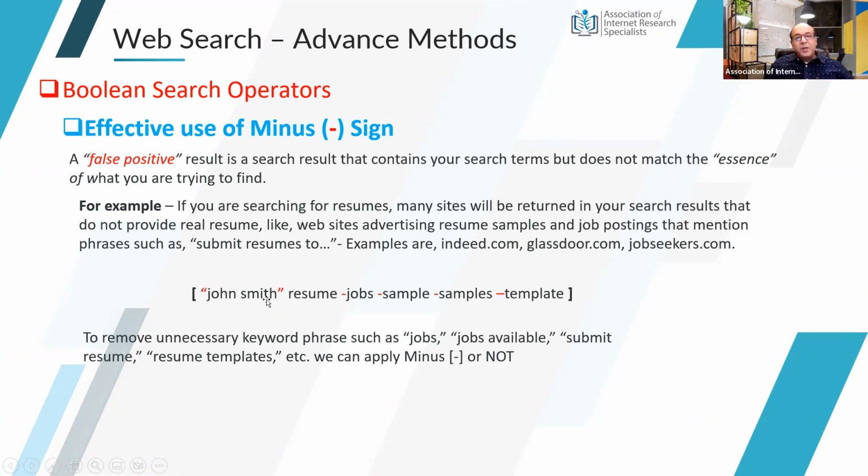All you want is to find John Smith's resume that got lost, which you were looking for. And you get tons of examples with these wordings in it. So by the process of elimination, you can get rid of certain terms to fine tune it and to make it appear more aligned to the objective of your search. So that's where the minus sign works really well.